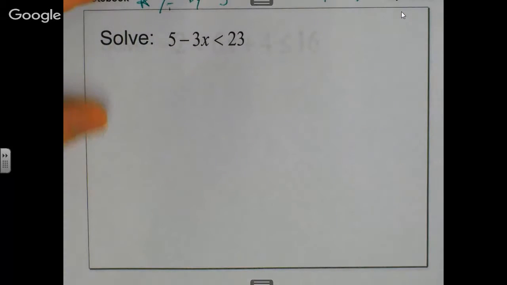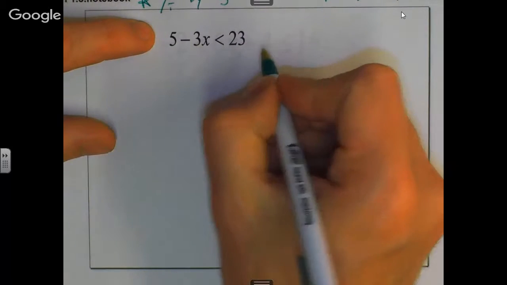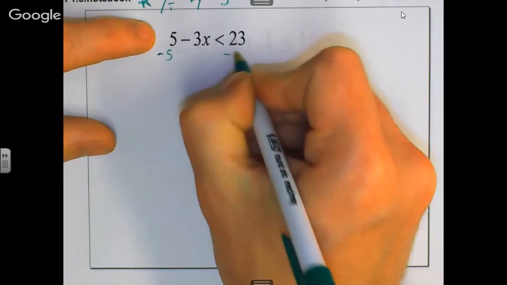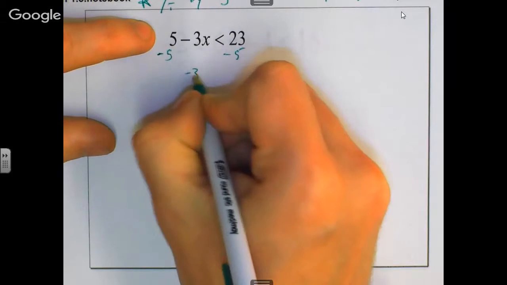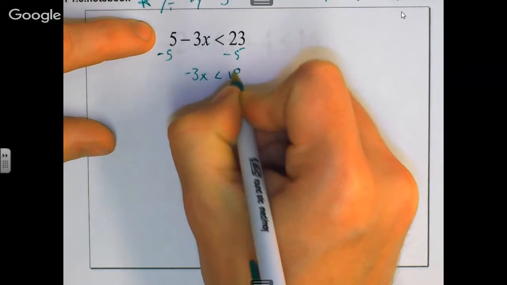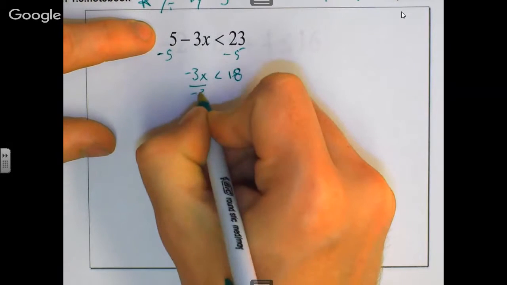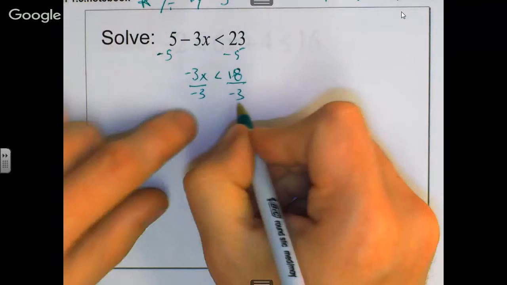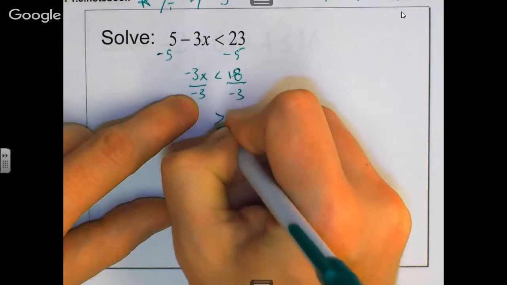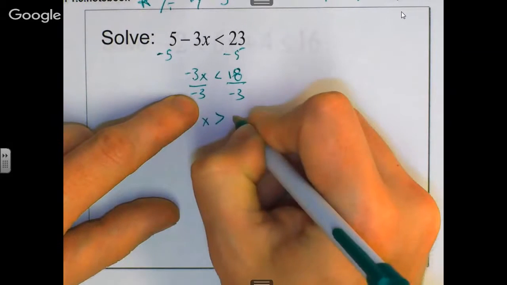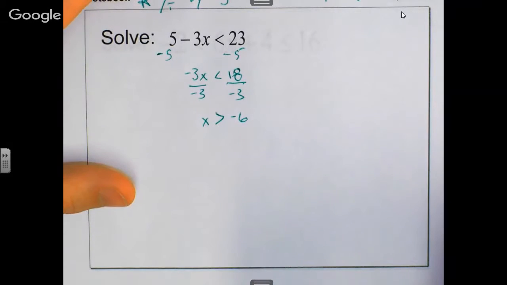So here, we're just going to solve like an equation. We'll subtract 5 minus 5. Negative 3x is less than 18. Divide by negative 3. And since it was negative, I'm going to flip the direction of the sign, x greater than negative 6.